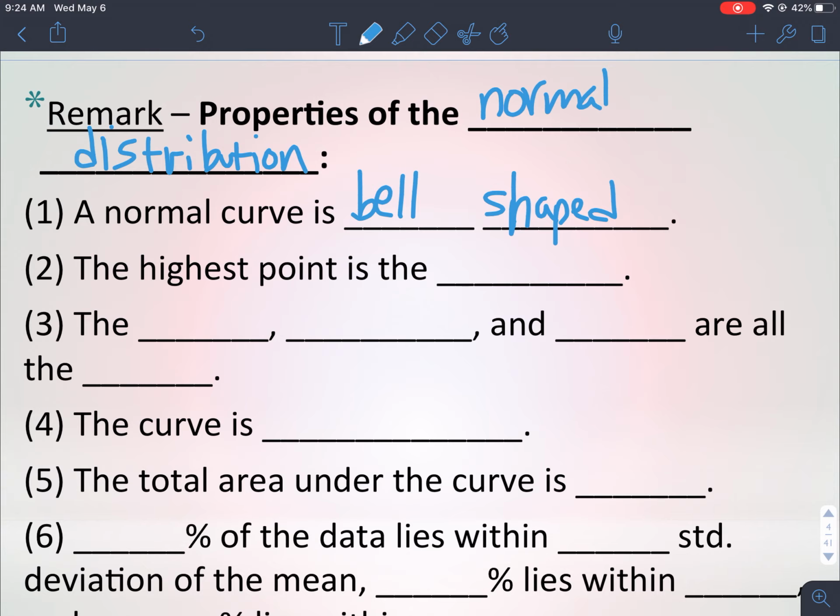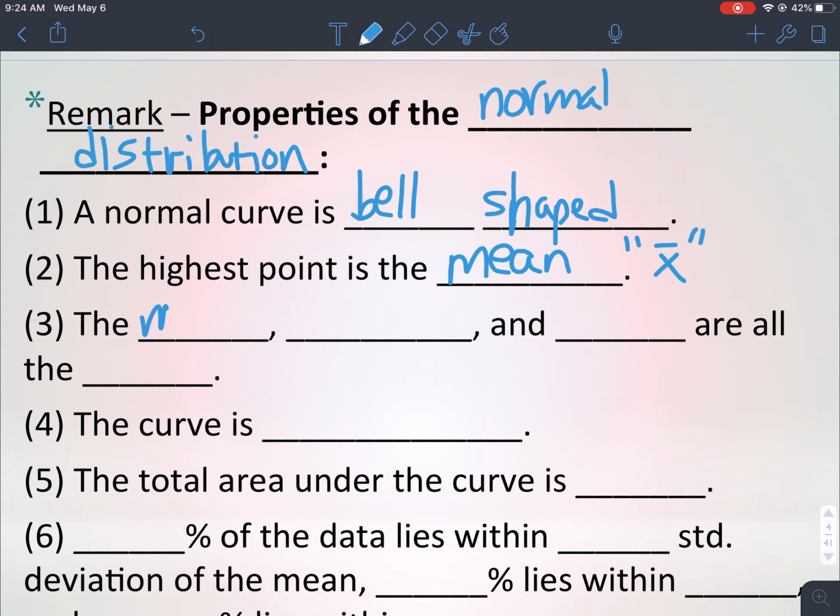So if the class average is 5 feet 5 inches tall, then half of the class is going to be shorter than 5 foot 5, and the other half is going to be taller than 5 feet 5 inches. The highest point, therefore, is the mean, and that's going to be X bar for a sample.